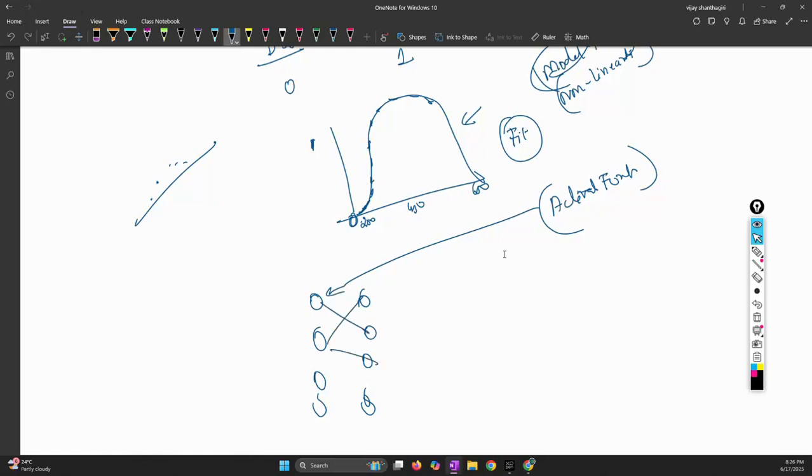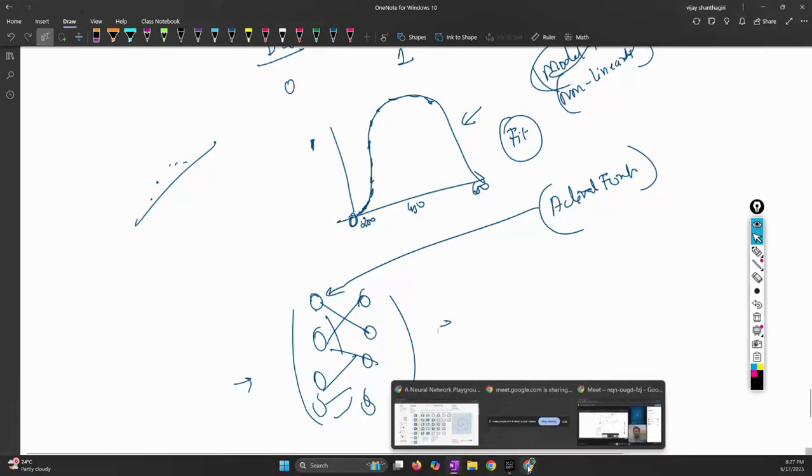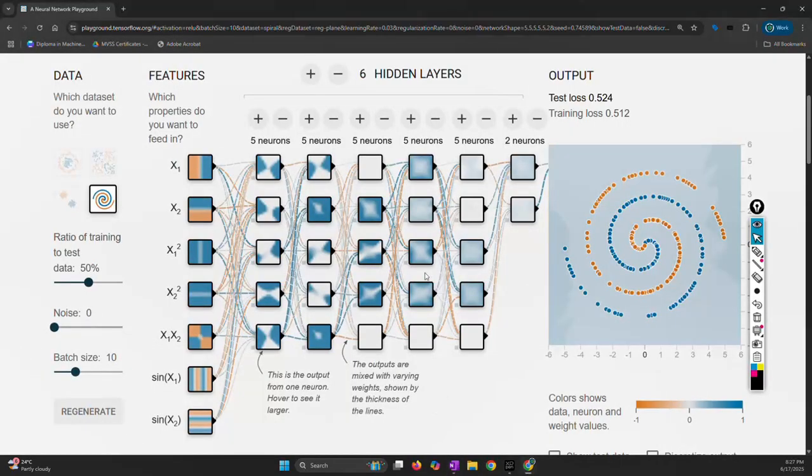Each of these neural networks is connected to each other, and together we will build the entire nonlinear function. So let's go into a visual platform where I will be able to explain what this activation function and nonlinearity is doing in a much simpler, visual way.